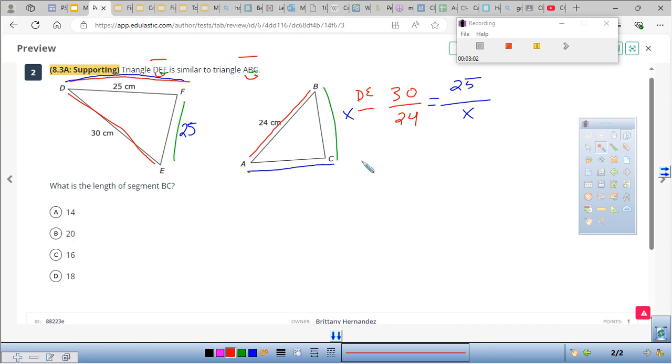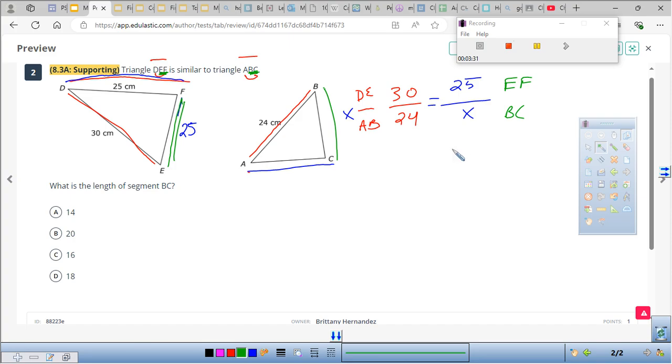Then coming to this other side, we come back to this figure: EF goes to BC. Now we can work it out.